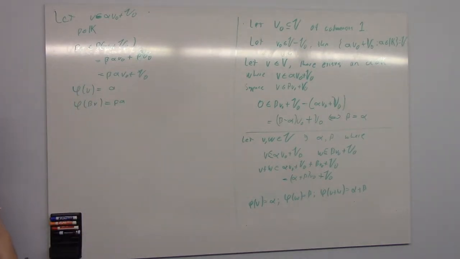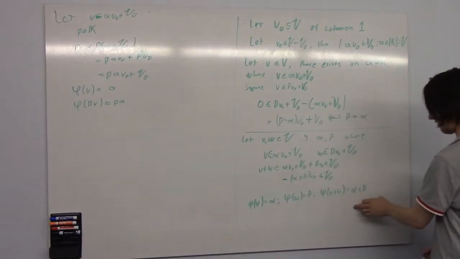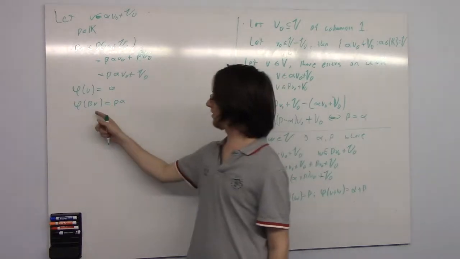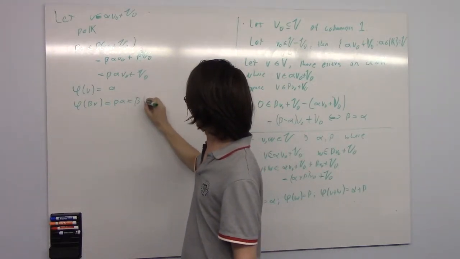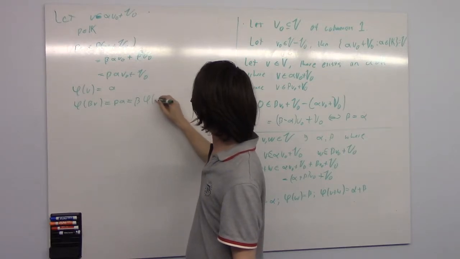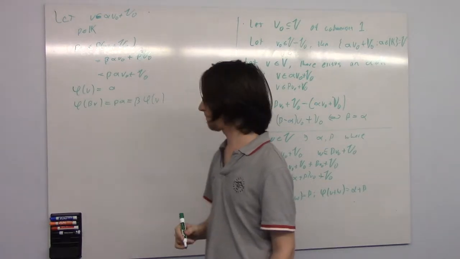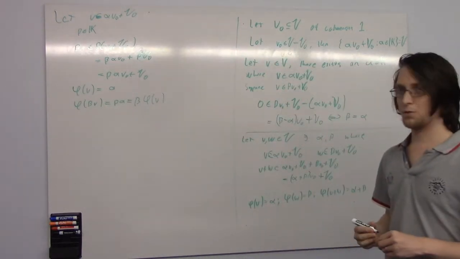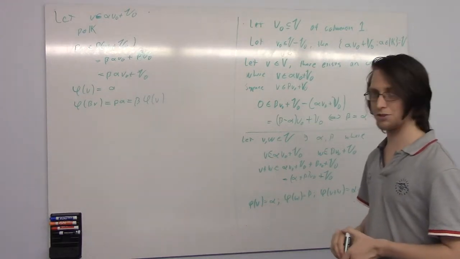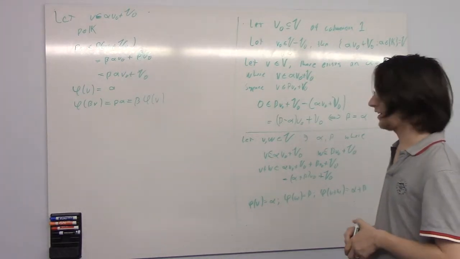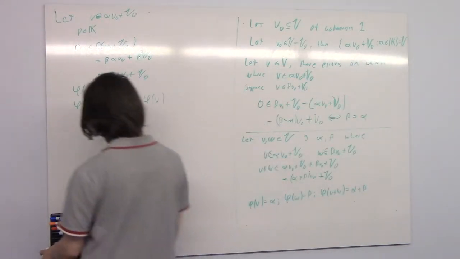So we get phi is additive here, and we can pull scalars out. So we get, it's a linear functional. It's actually linear. And the functional just means it goes into the scalar field. Okay.